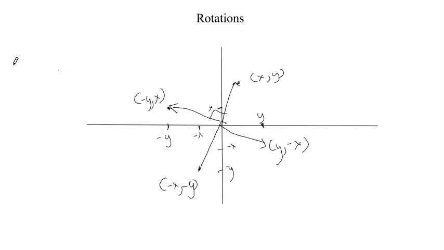So thus, the formulas can be written as such. 0 degrees is just (x, y) to (x, y), because you're not rotating anything. Same for 360, or any multiple of 360 for that matter.